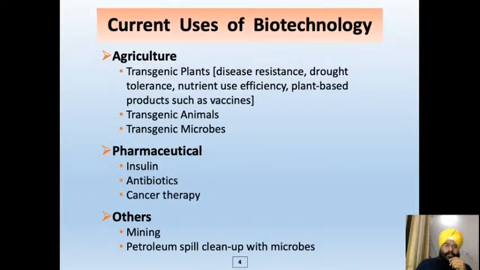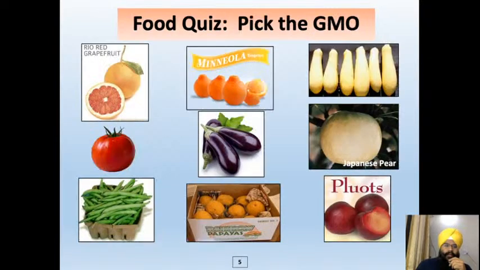So this I skip. Here is a food quiz for all of you. Just look at the plants and find out which are genetically modified organisms. This is Rio Red grapefruit. This is Minola Tangelo. This is a kind of vegetable. This is tomato, brinjal, Japanese pear, green beans, some oranges, papaya.